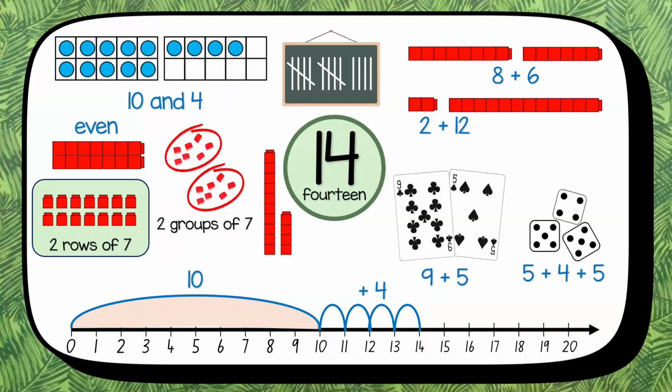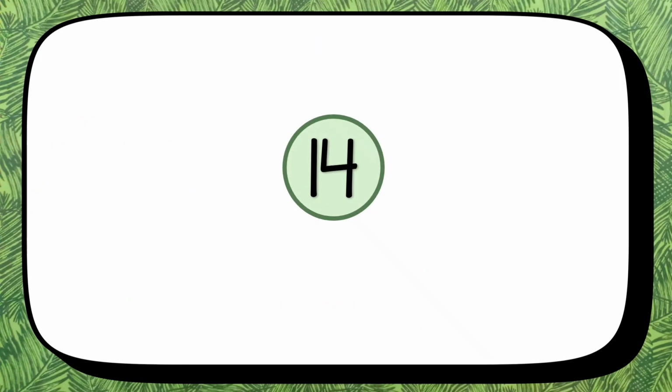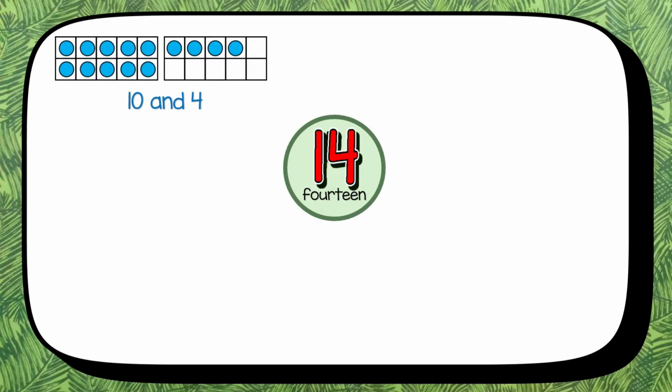Well, we sure have found lots of ways to show 14. Let's have another look at our board. As you can see, numbers are much more than just numerals on a number line. We know that the numeral 14 represents 1 ten and 4 more. Here's the 10 and 4.